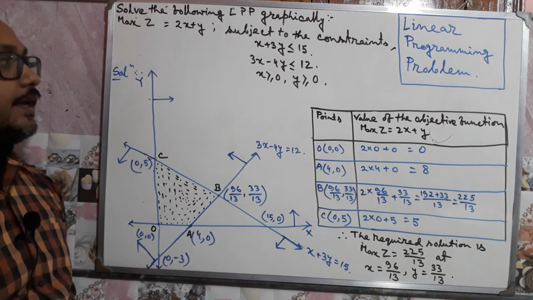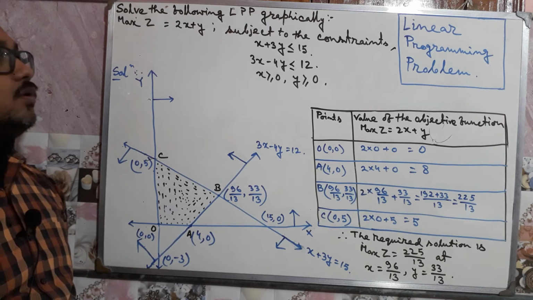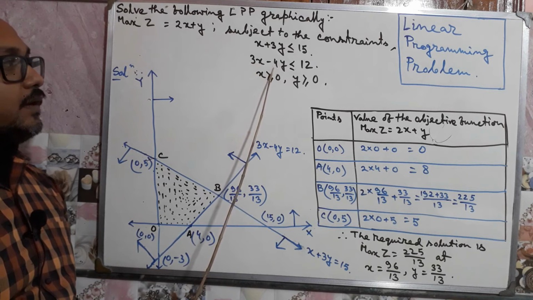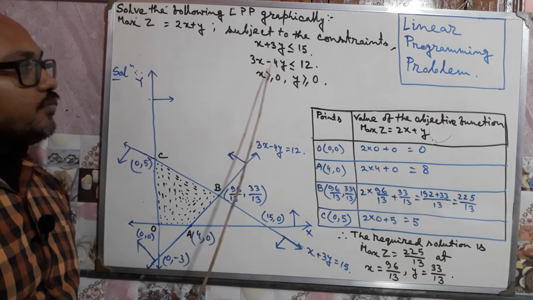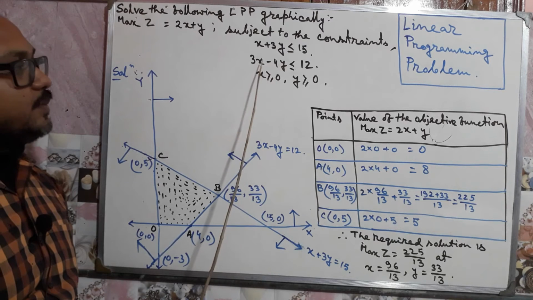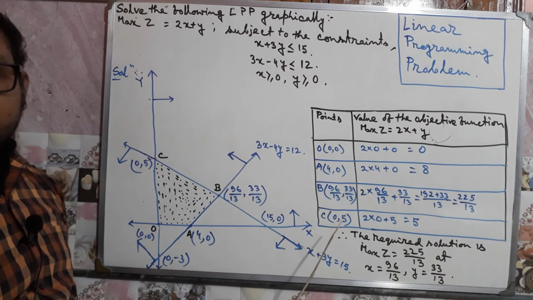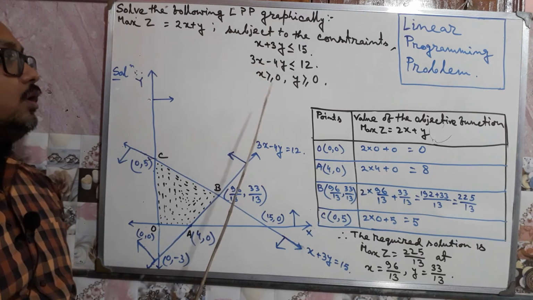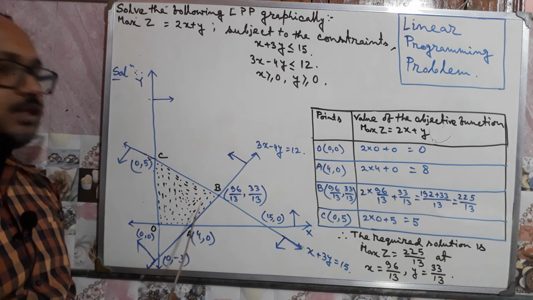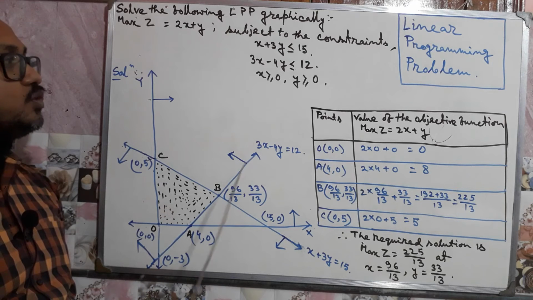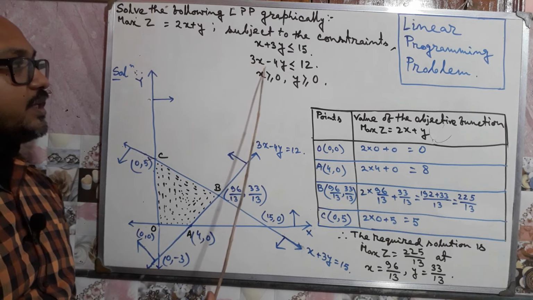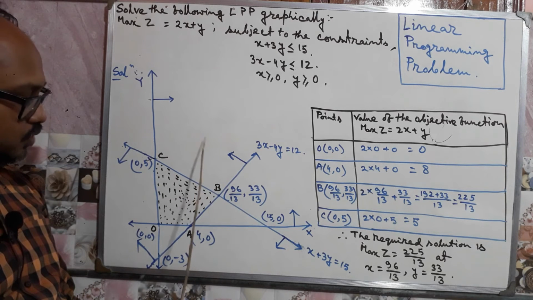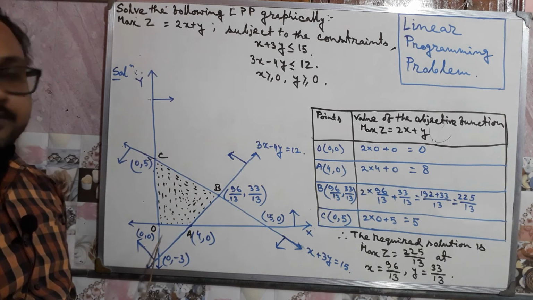Let us see. Again we will check with the help of the origin. If x equal to 0 and y equal to 0, the left hand side will be equal to 0, which is less than 12, that means it is satisfied. So the portion in which the origin lies is represented by this inequation. That's why we gave two arrows towards the origin.